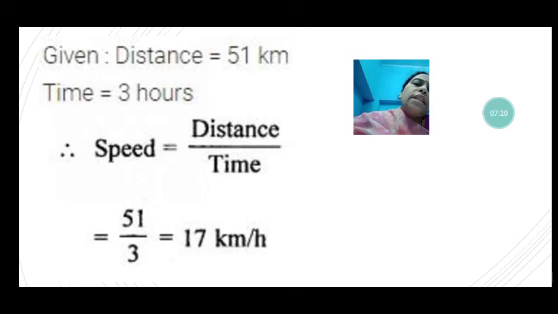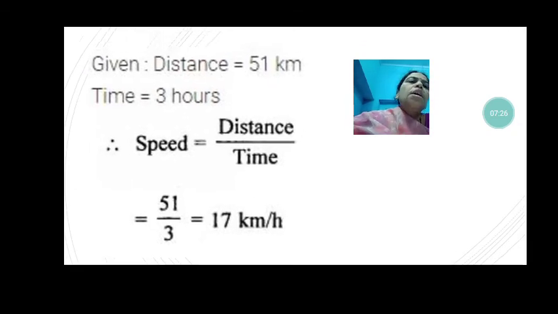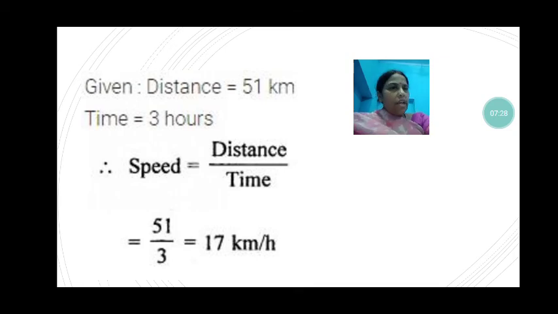Divide 51 by 3, and you will get 17. So the answer will be 17 kilometer per hour. You just have to write the formula and put the values into it. You will get the answer. And remember the units.